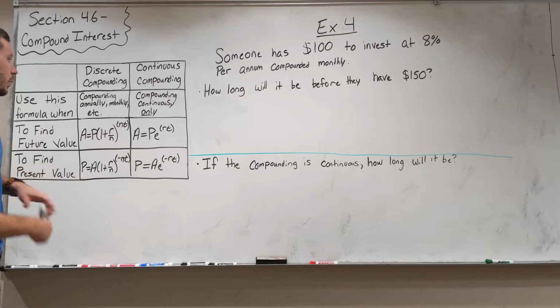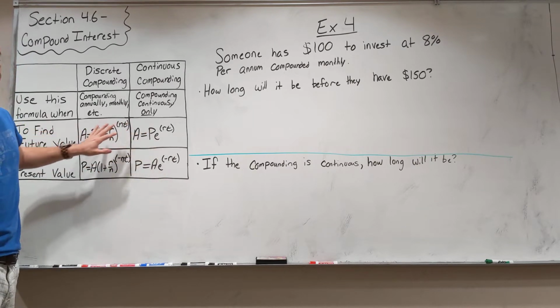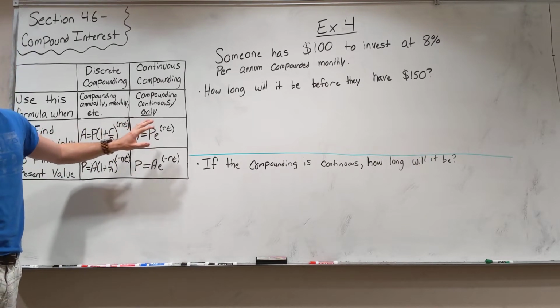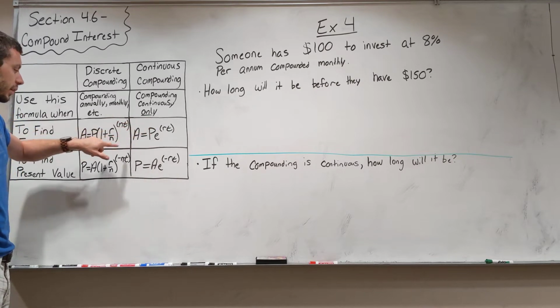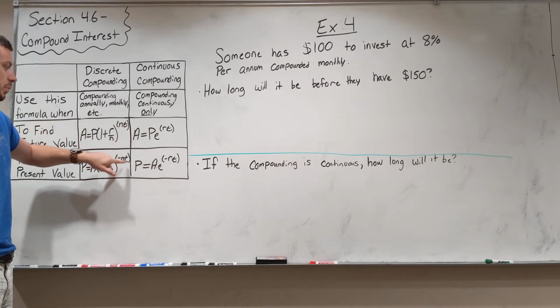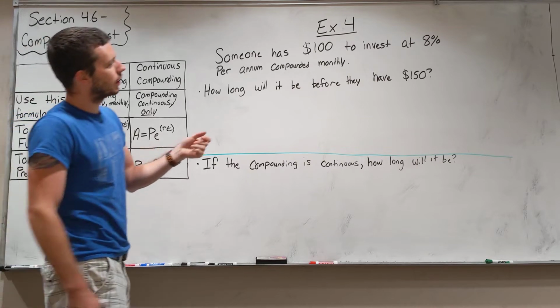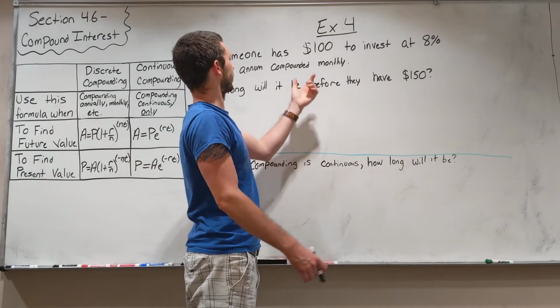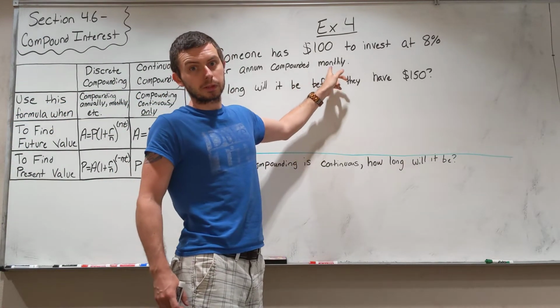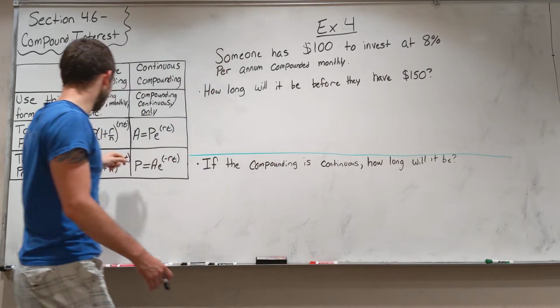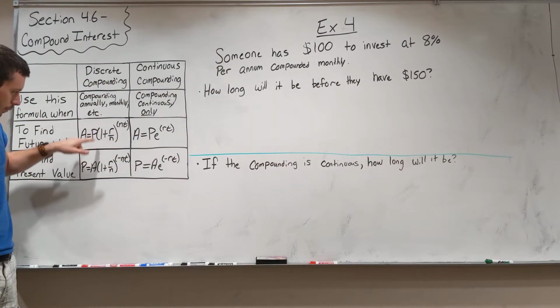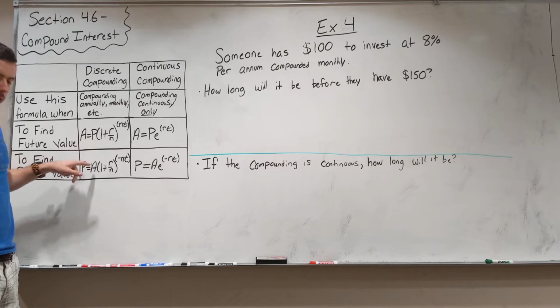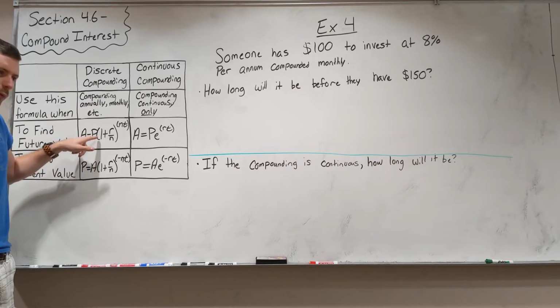And so we do need to figure out which formula to start off with in order to start isolating for time, because each one of these has a t variable. Well, if anything, we don't have to do this in any particular order. Compounding monthly, that tells us that we would use one of these two formulas, and really it doesn't matter which formula we choose.